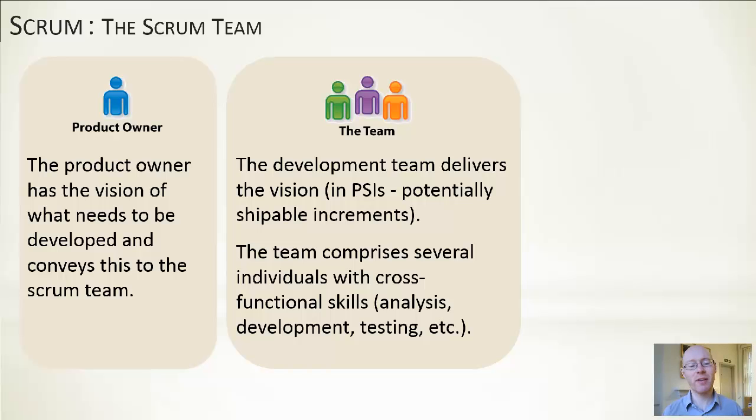Team comprises several individuals with cross-functional skills, analysis, development, testing, etc. There are different ways of separating and combining the skills within the team, but certainly as a collective, the team contains people who understand about design, who can develop, who can test, who understand about deployment.